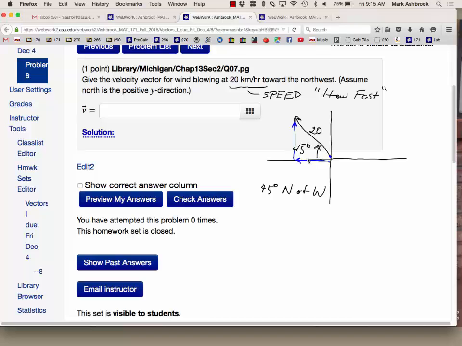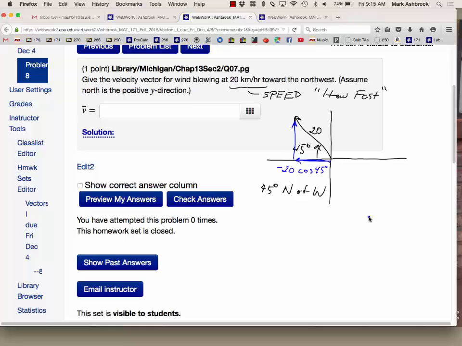How do I get that length right there? If that's 20, remember the cosine of 45 would be in radius lengths. If our radius is 20 and we want it in kilometers per hour, then we take 20 times that, right? So it's 20 cos 45. But we know it should be negative.